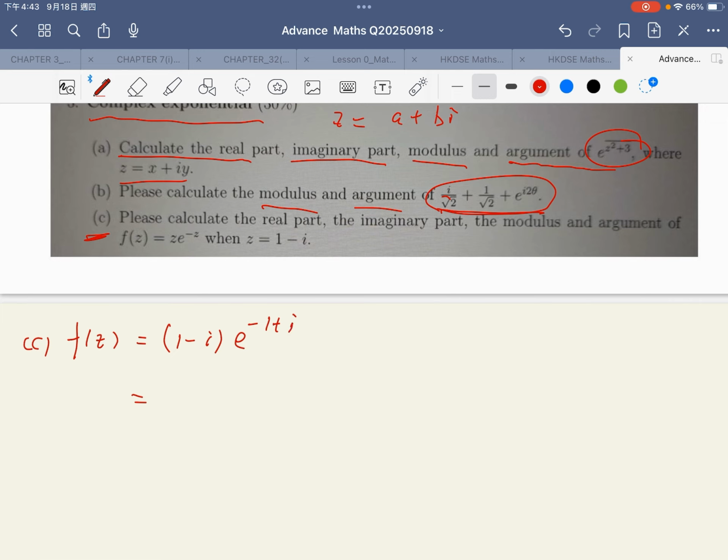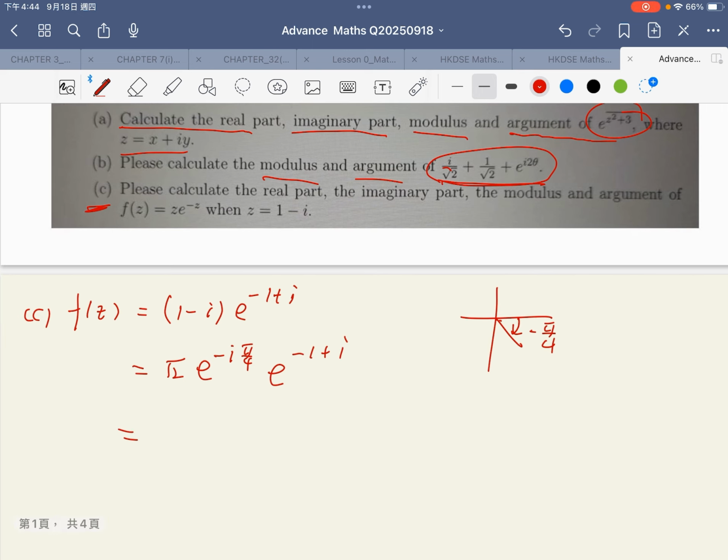First I write 1 minus i in polar form, root 2 e to the power negative pi over 4, in the fourth quadrant. Combining these together, we get root 2 e to the power negative 1, times e to the power i times 1 minus pi over 4.